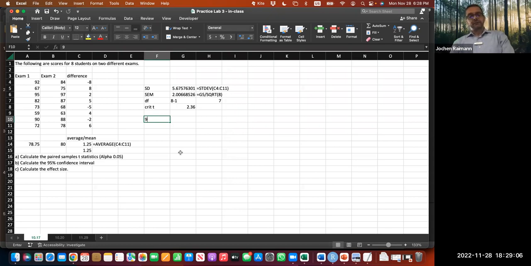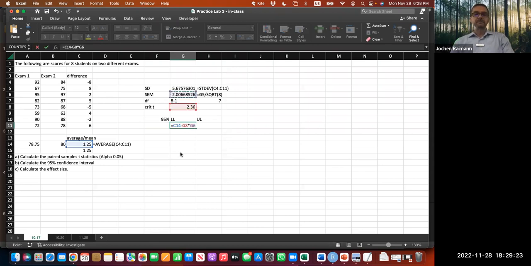Good. So the 95% confidence interval, we know that already. That's simple. We have a lower limit and an upper limit. The lower limit is our mean difference of 1.25 minus the critical T multiplied by our standard error of the mean. It's minus 3.48.